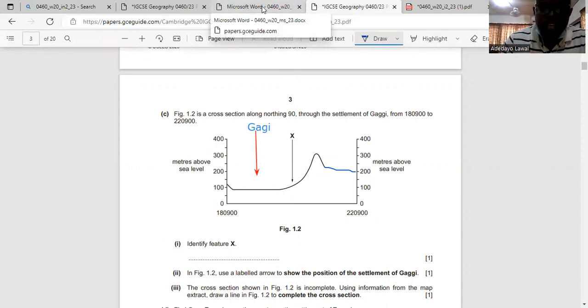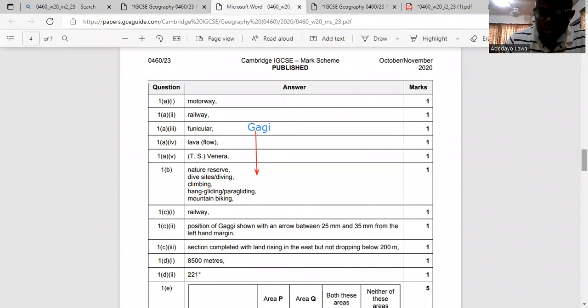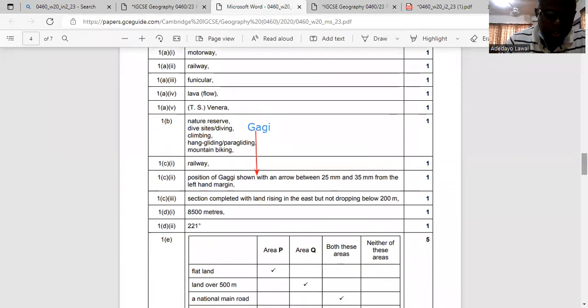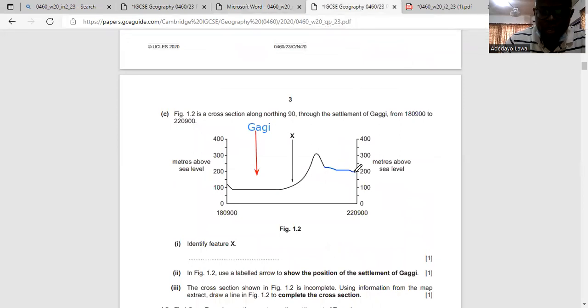If you check the answer, you will see that in the answer they wrote: session completed with land rising in the east, but not dropping below 200 meters. You see that? So don't let it go below 200. That's the most important thing. It's rising here, but once it goes lower than 200, you have missed that mark.